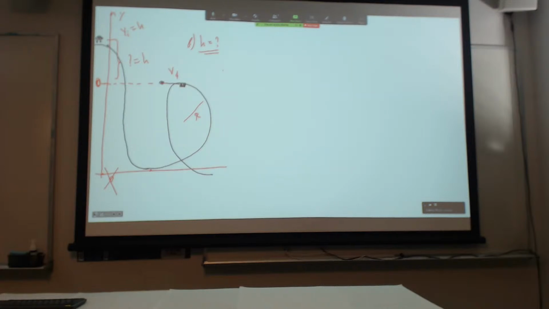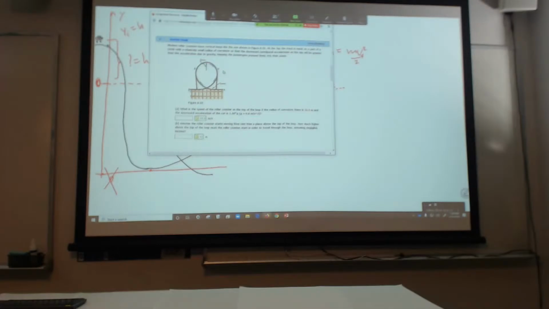And your equation given by the law of conservation of mechanical energy is just mgh equals mv squared over 2, well, final. This gives you the answer immediately. So don't overthink it.